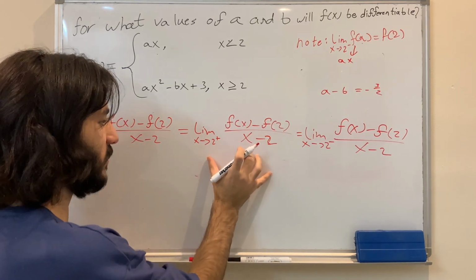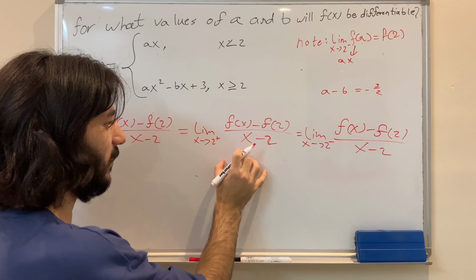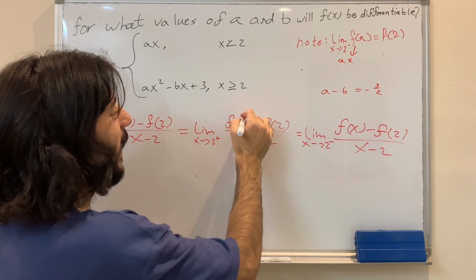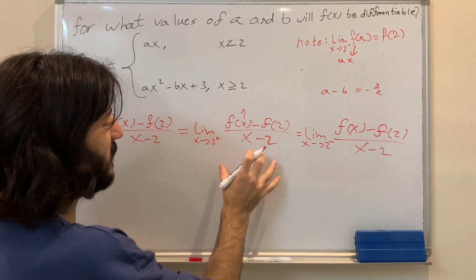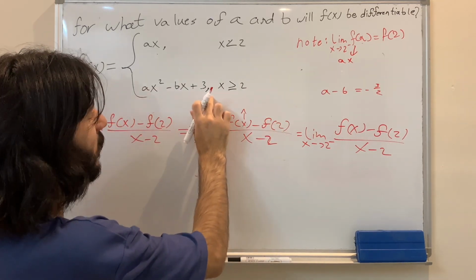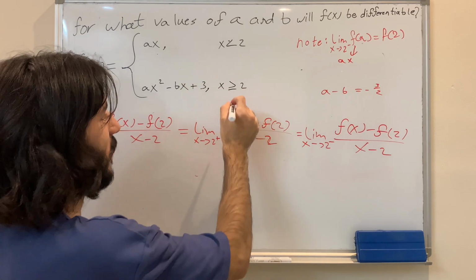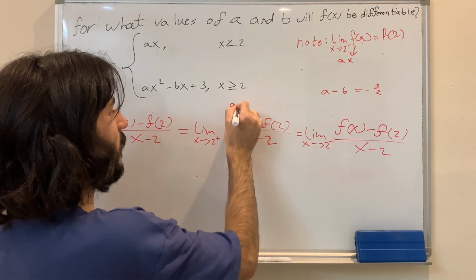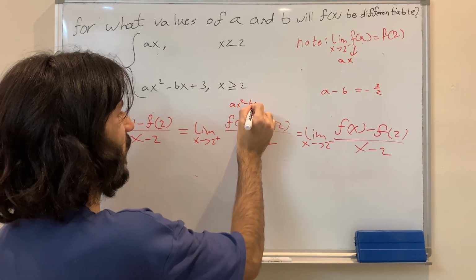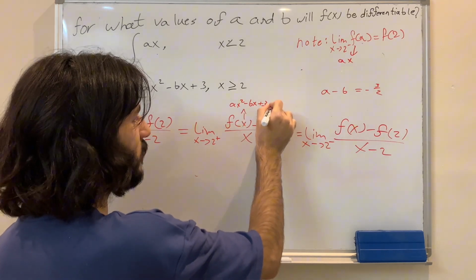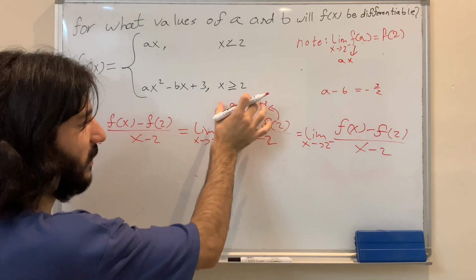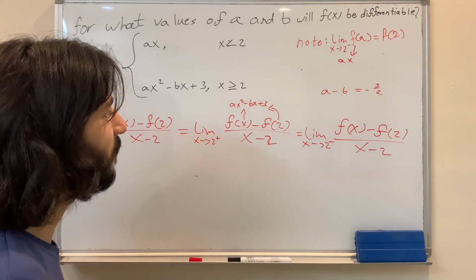Let's take this part firstly, the right-handed side, and we know that here in the right-handed side we need to plug in the quadratic part of the function. So x squared minus bx plus 3. And same goes for f of 2. We plug in the same thing but evaluated at 2.